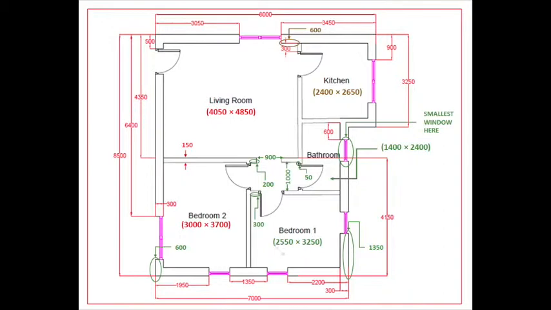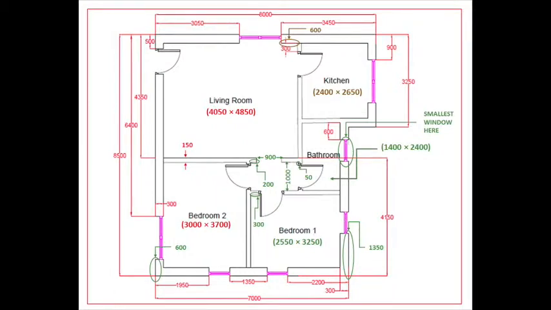The green markings are my assumptions. The first assumption I made is with regards to the single window. I assume that except for the toilet or the bathroom, all other single windows are 750 mm width.